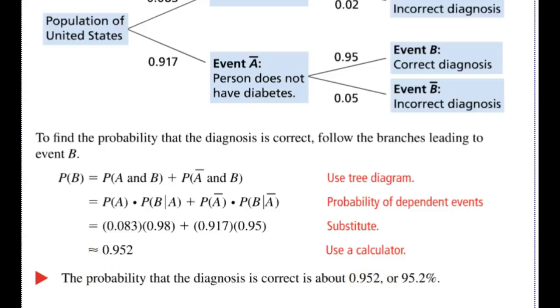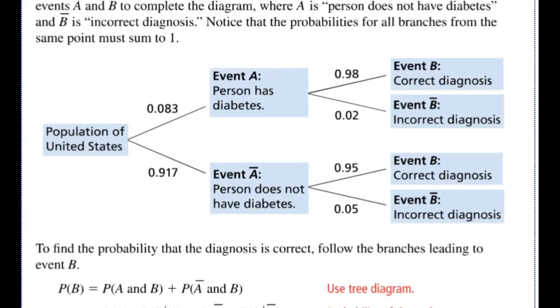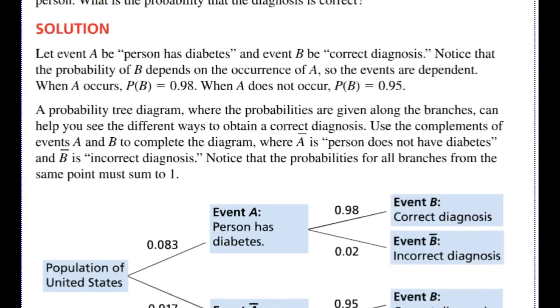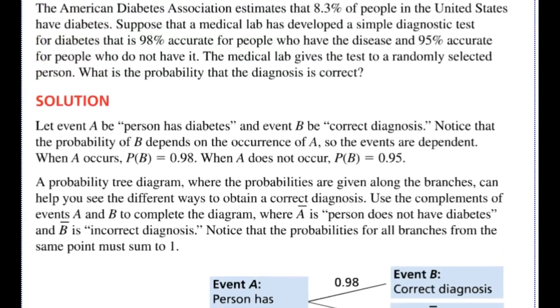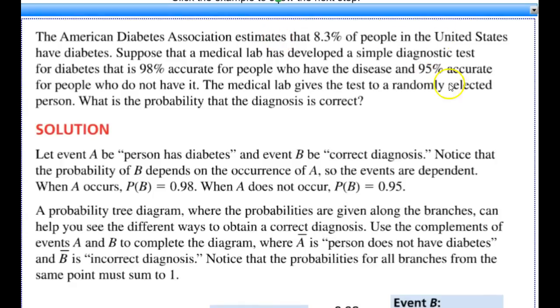Now let's think back. Does our answer make sense? Well, I know that the probability needs to be greater than 95% because 95% is the lowest here. And I know that it's going to be closer to 95 because more people fall into this 95% category than the 98% category.